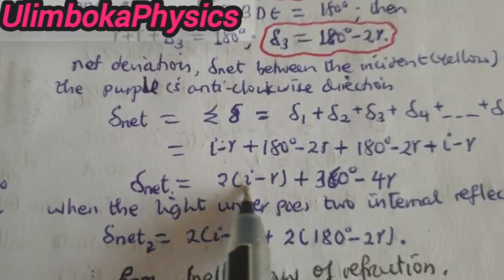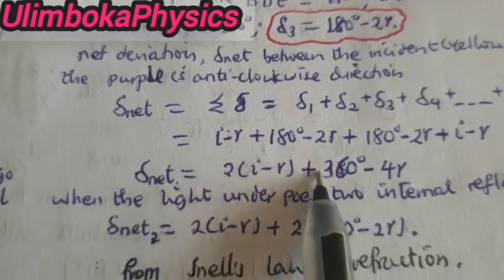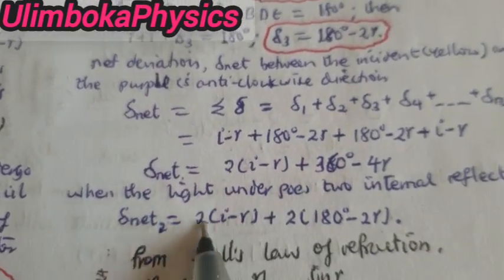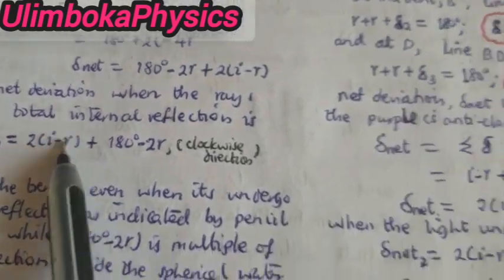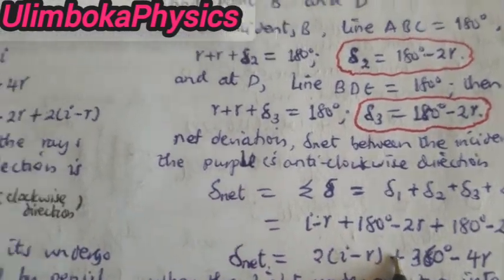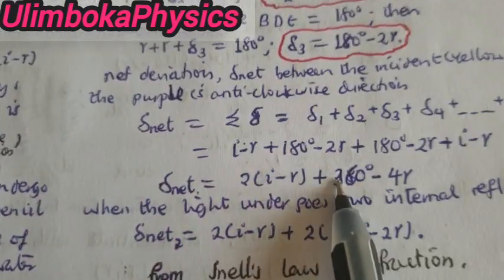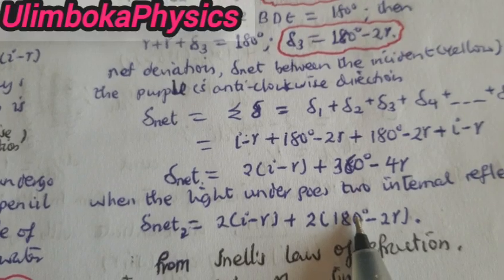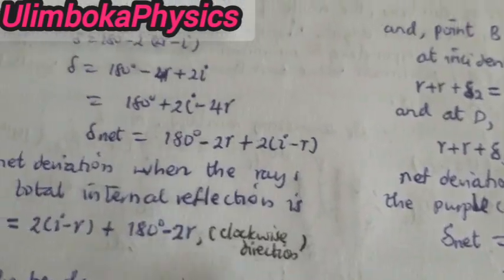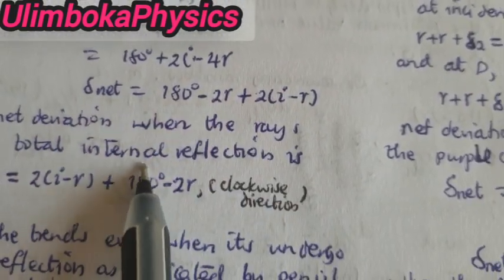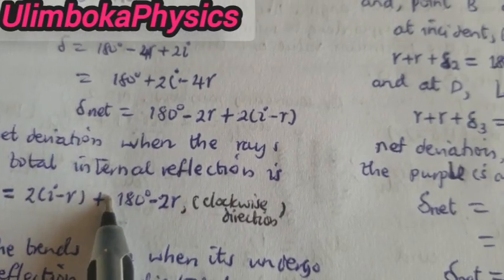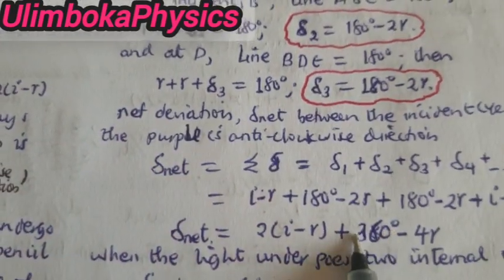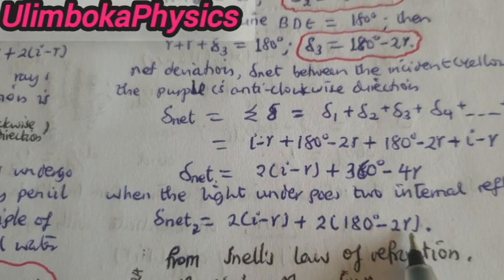Now we just take out 2, and here take out 2. Then we will have 2 bracket I minus R, and this term is constant, plus twice bracket 180 degrees minus twice R. Now this is single 180 degrees minus twice R. Therefore this is for one single, and this is twice 180 degrees minus 2R.